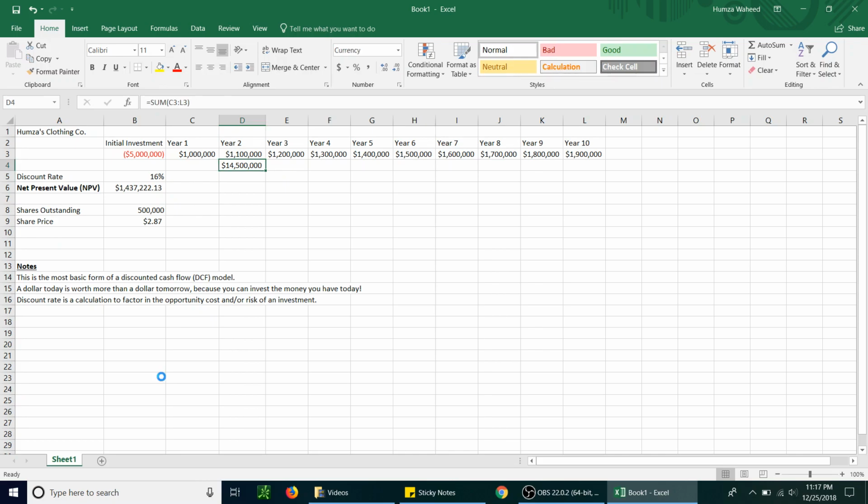And that's because you have to factor in the discount rate, you have to factor in the risk of the business, you have to factor in your opportunity cost, you have to factor in inflation, you have to factor in the treasury rate.